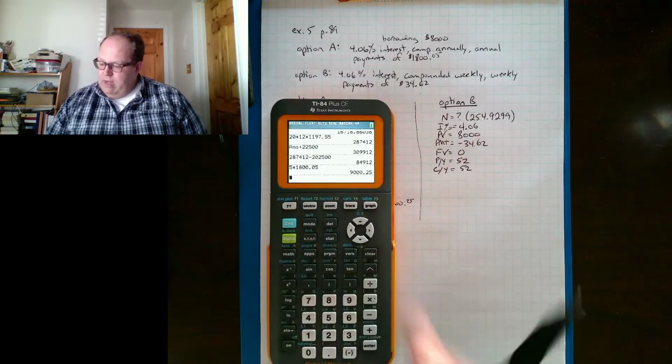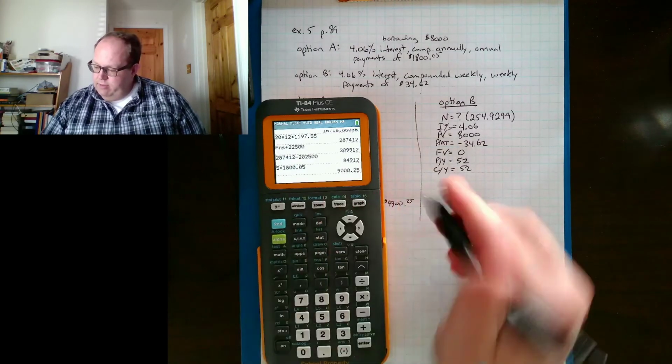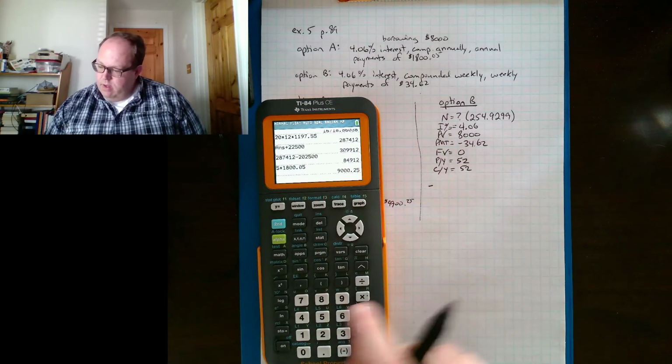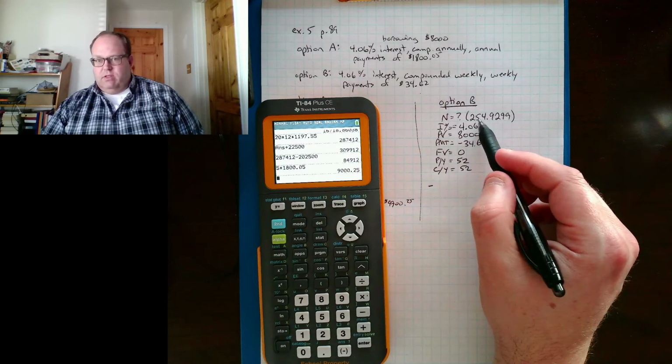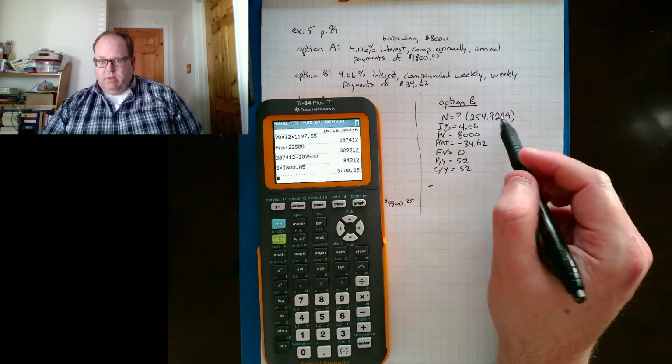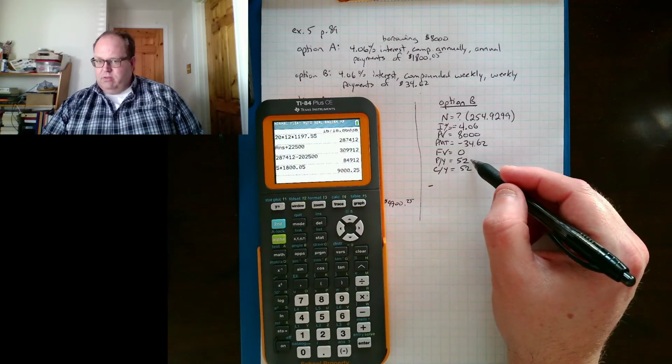Now, to work that out at option B, there's a little bit more work here. Since this is happening weekly, he's not going to have this paid off until the 255th week. And again, these are weekly periods.